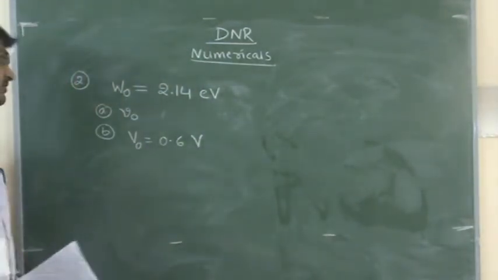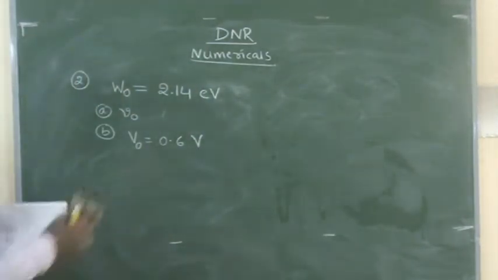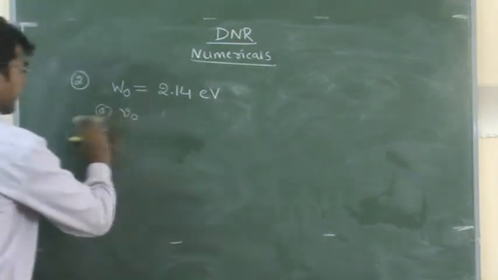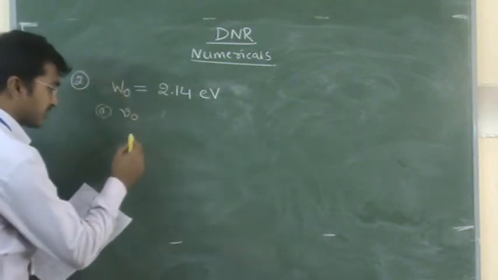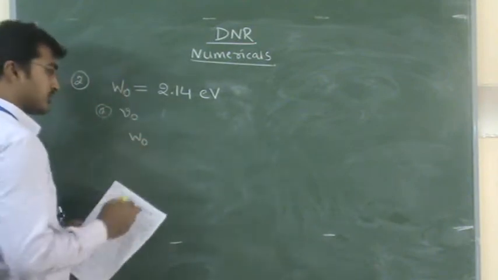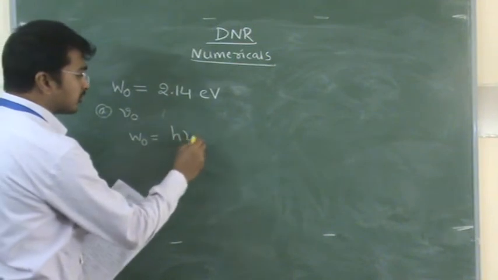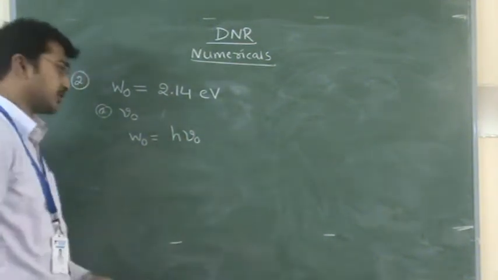So first option A, let's find it. What is that? Nu naught we need to find. But we know work function W naught is equal to H into nu naught.